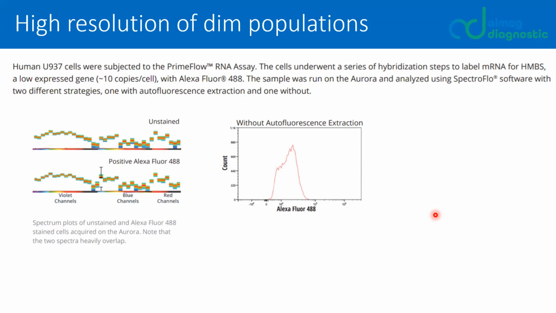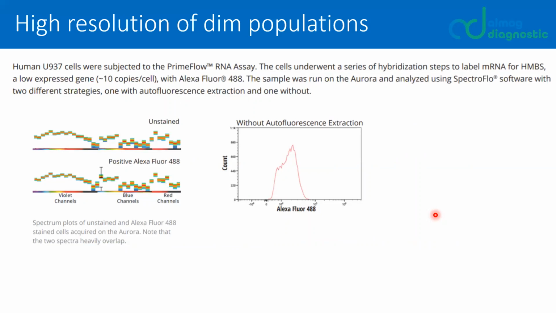In conventional flow, what we usually do is choose brighter colors for dim populations. But this is not something that we can always control. In this case, this superpower of autofluorescence subtraction can really help us resolve the dim populations.